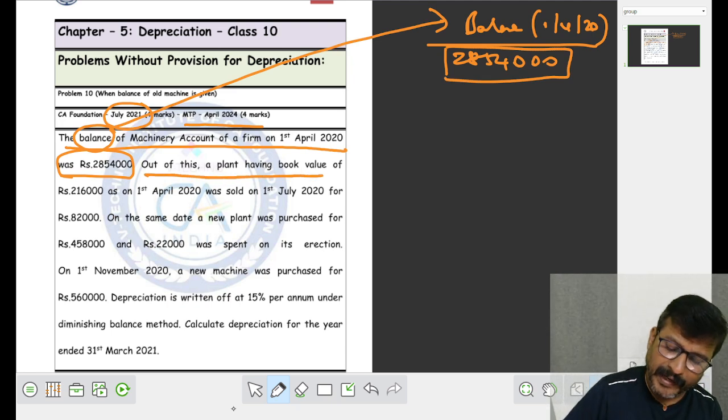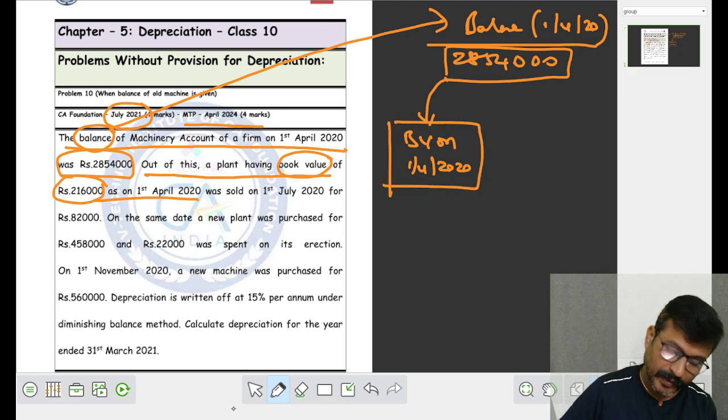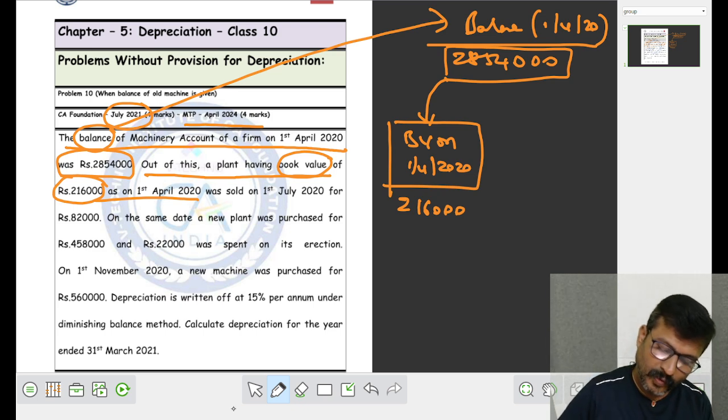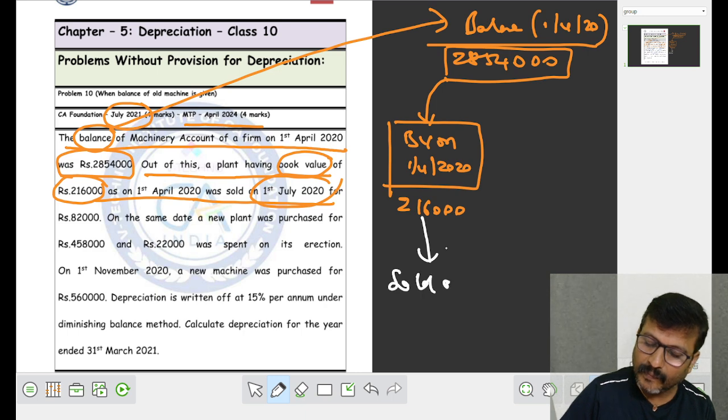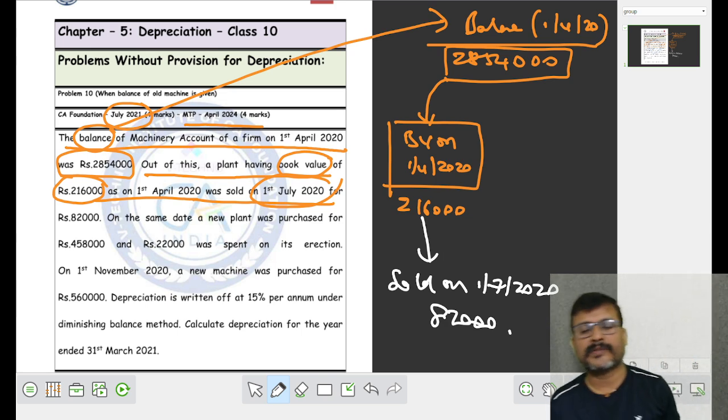Out of this, a plant having a book value of 2,16,000 on 1st April 2020 was sold on 1st July 2020 for an amount of rupees 82,000.